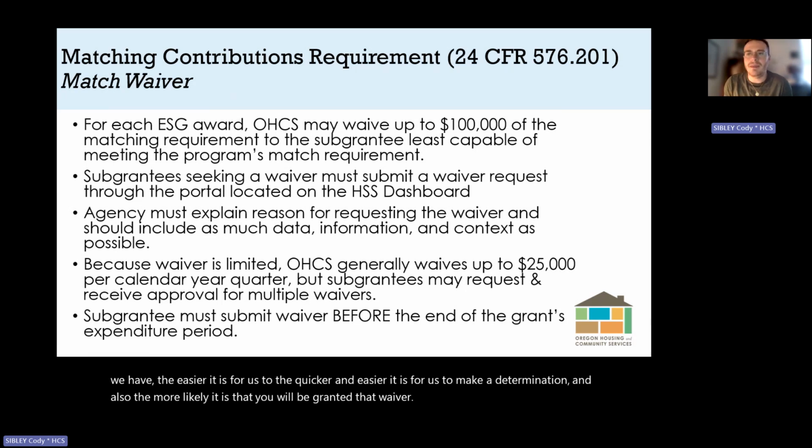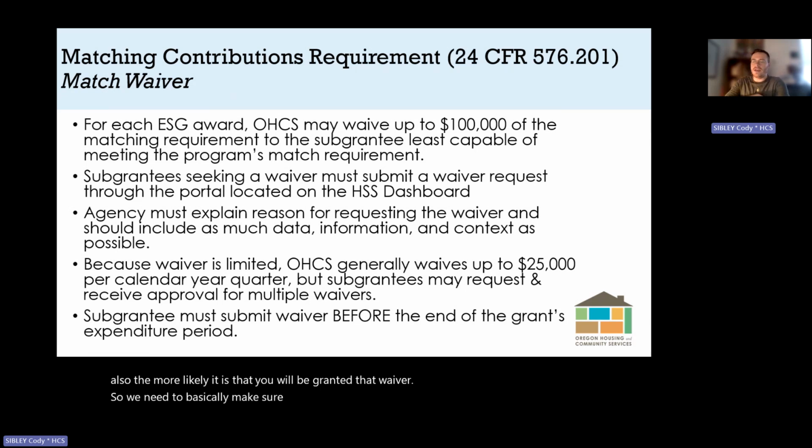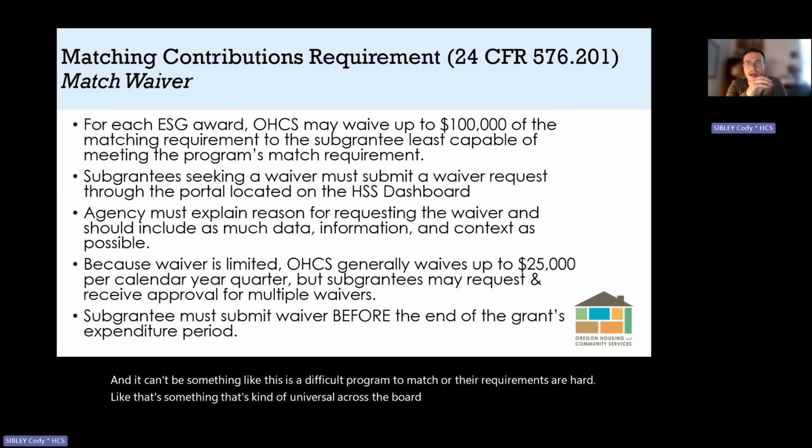So we need to basically make sure that if you're getting a waiver, it's for a reason that is uniquely specific to your region. And it can't be something like this is a difficult program to match or their requirements are hard. Like that's something that's kind of universal across the board. So really speak to how you as an agency are uniquely unable to meet the match requirements.